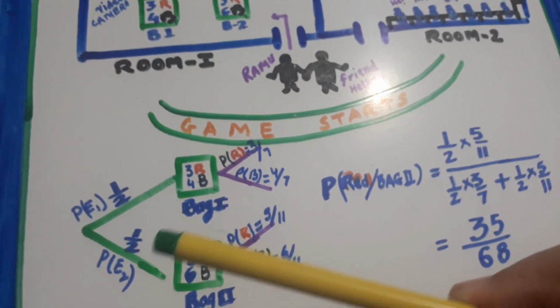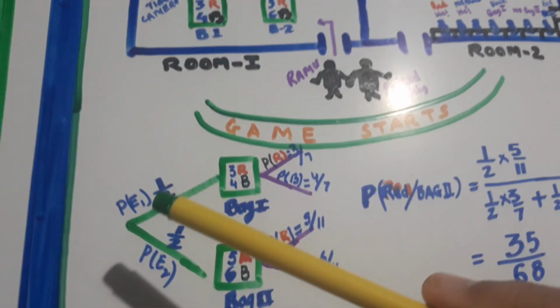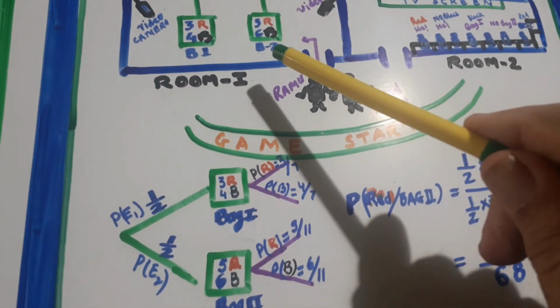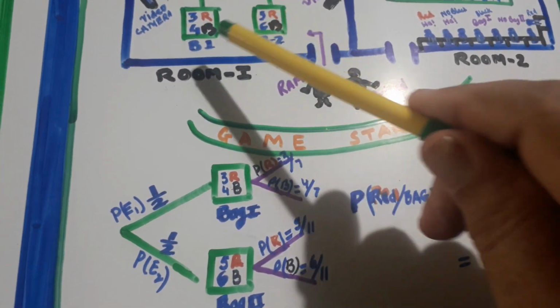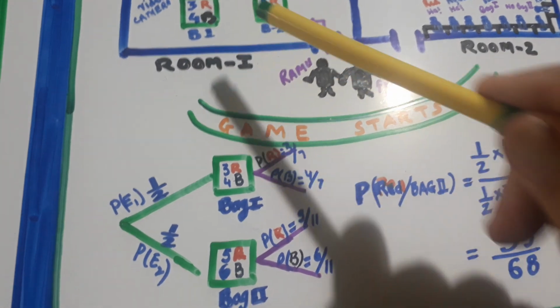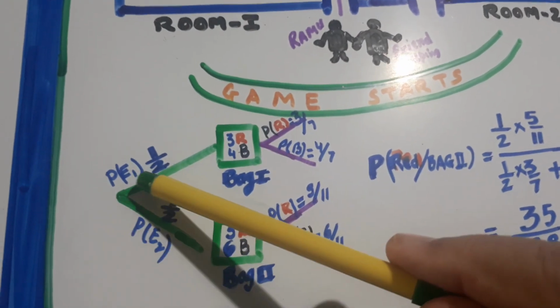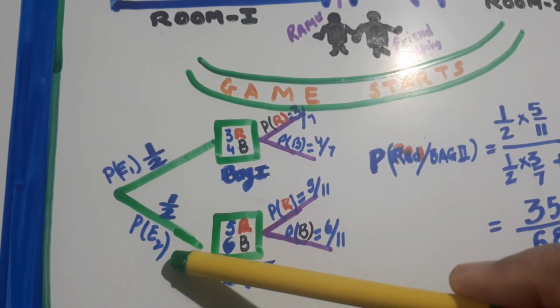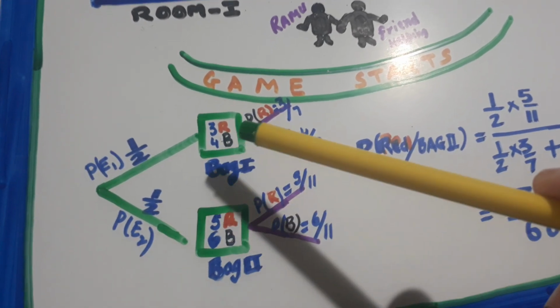Now, how to attempt a question like this? Probability of E1 is half. There is a 50% chance he will go to bag number 1 or bag number 2. So, this is P(E1), this is 1 by 2, 50%. P(E2), this is 50%.